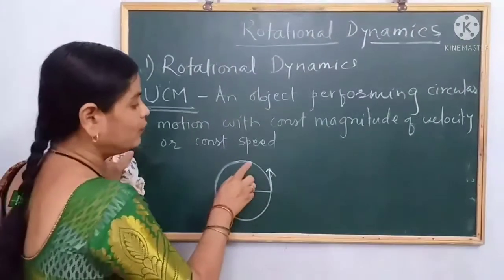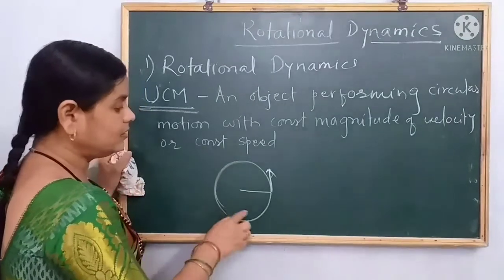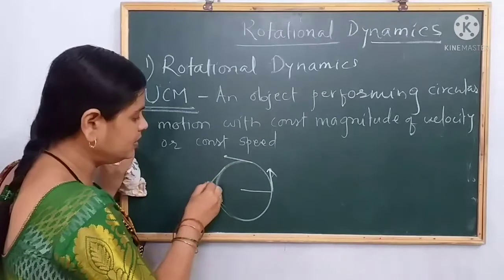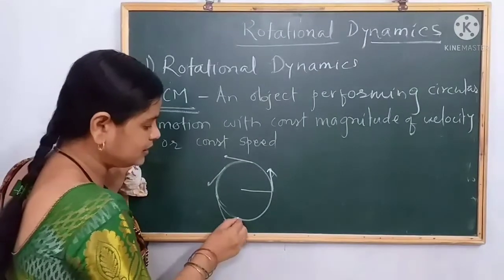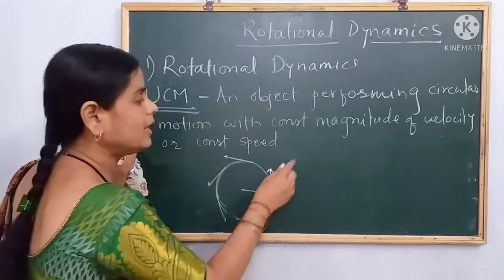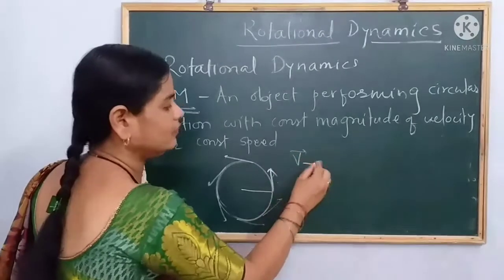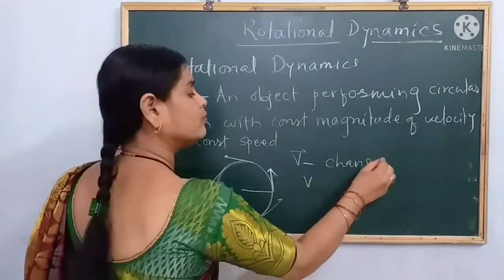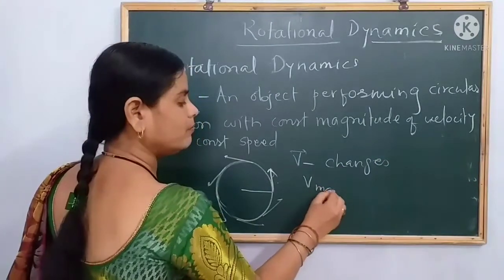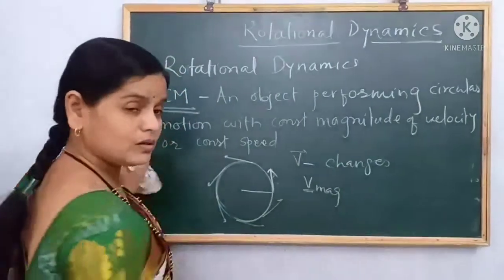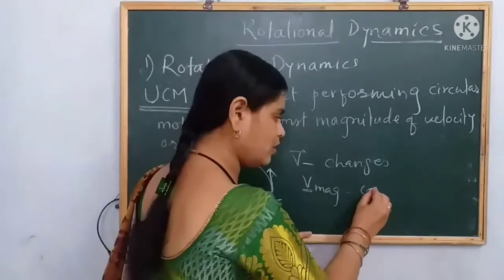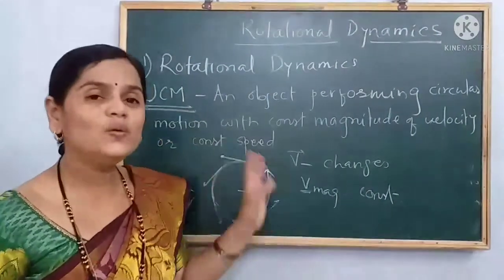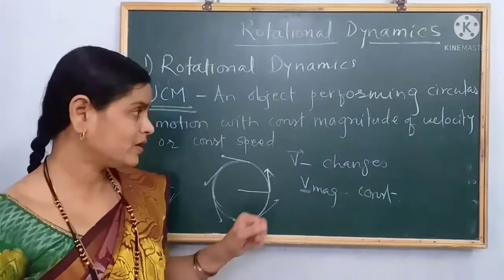When the particle is performing circular motion, the direction of linear velocity continuously changes. But what about the magnitude? If the magnitude of linear velocity remains constant, then such a motion is called uniform circular motion.